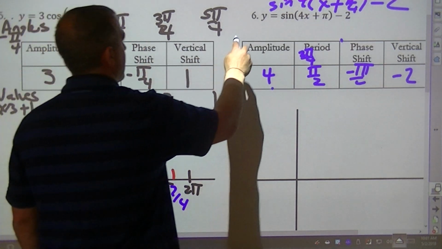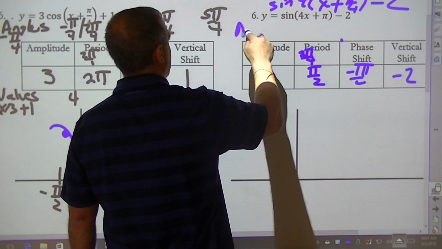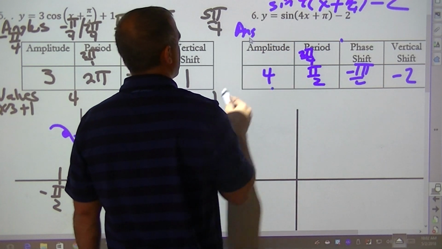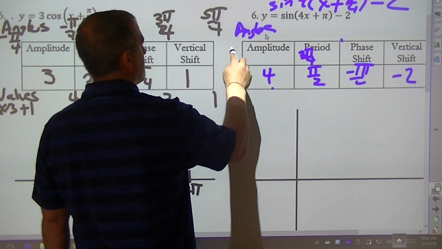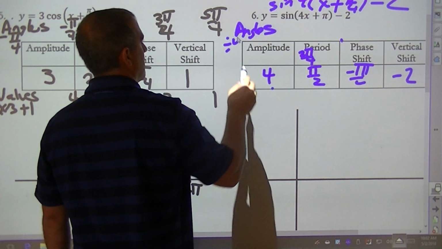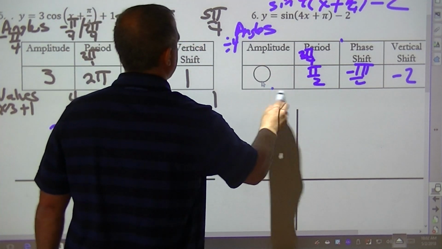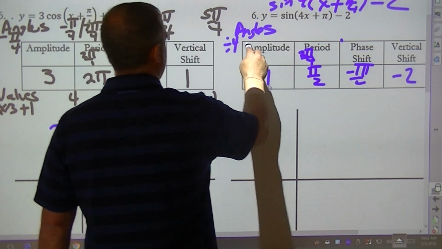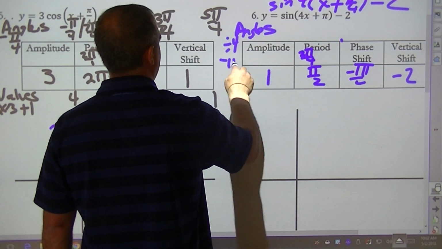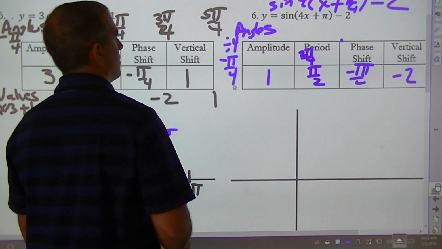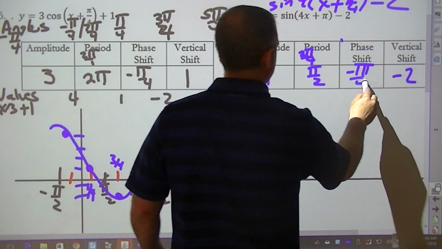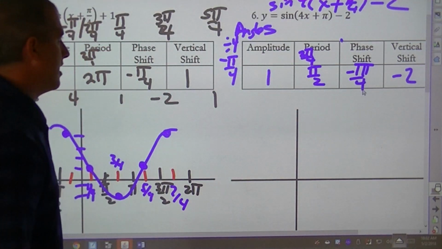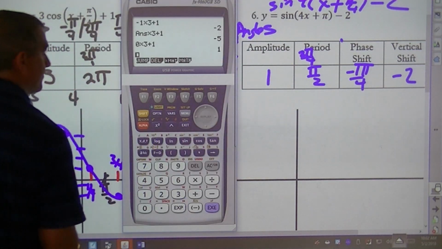So the first thing that's going to happen, my angles are going to be divided by 4. Sorry, my amplitude is not right. Amplitude is not 4. Amplitude should be 1. And then I'm going to subtract pi over 4. Sorry, my phase shift, there you go. So that's going to happen to my angles.